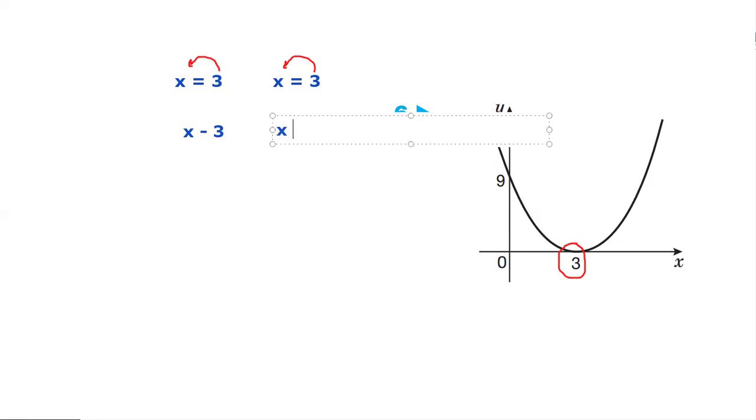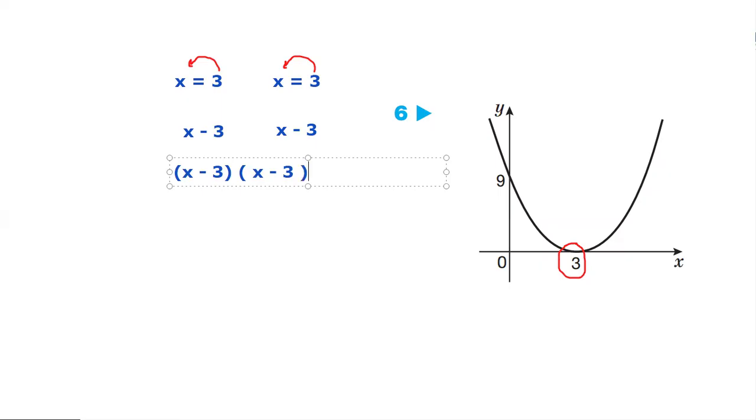So x minus 3. And then we put brackets on them. So they're going to be like this, bracket x minus 3, close bracket, and then bracket x minus 3 and close bracket. And then after putting them inside brackets, you just have to expand, focus on changing the sign, because changing the sign will get you back to the equation.